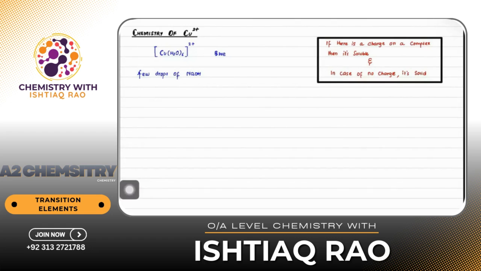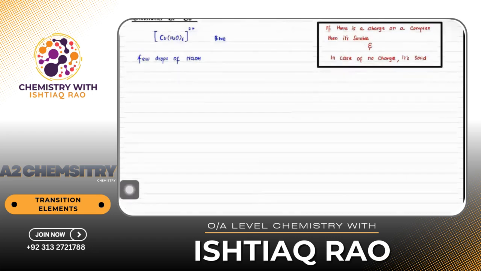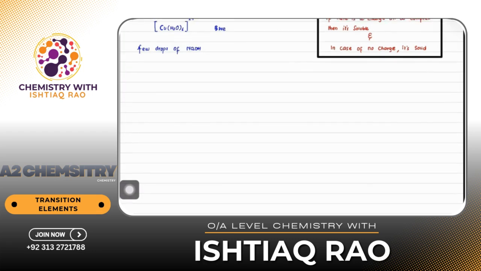Now I'm adding a few drops of sodium hydroxide. It means that I'm going to add OH minus. So what would be the equation?